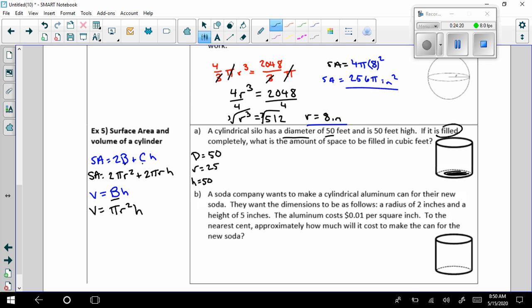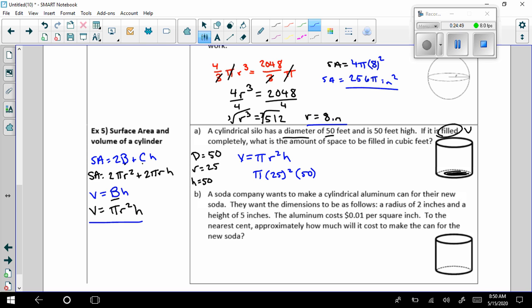If it is filled, so we're talking volume, what is the amount of space filled in cubic feet? And so we're using volume here, pi r squared h. And so I'm just going to plug those in. Volume equals pi r squared h, because that's the area of the base. So pi times my radius squared times the height.